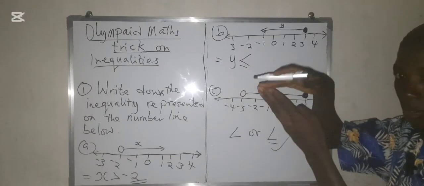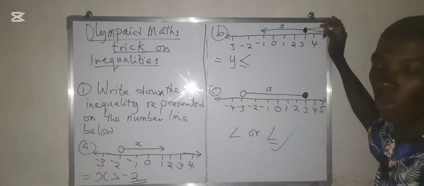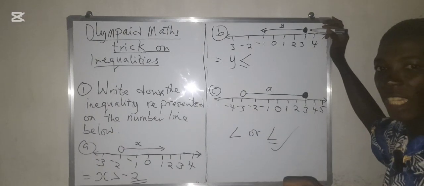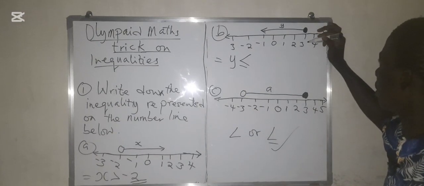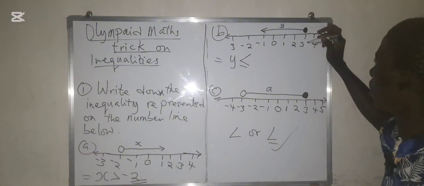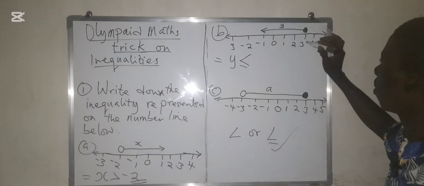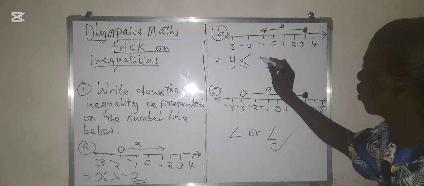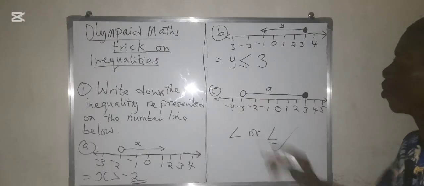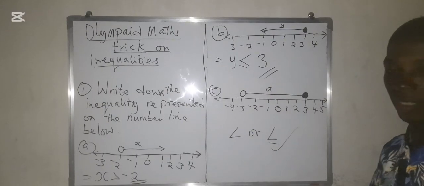Remember, the arrow is facing this way. Now again, you check where the ring is drawn on. What integer is the ring drawn on? So here, obviously, this ring falls on the positive integer, which is 3. So it's going to be x less than or equals to 3.